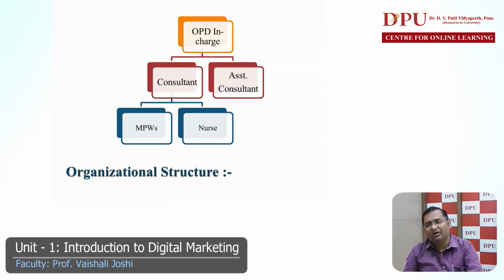There should be an OPD in-charge in the hospital, who should regulate the OPD working hours, regulate the services of the OPD, and maintain the equipment and material required for completing the functions of the OPD.